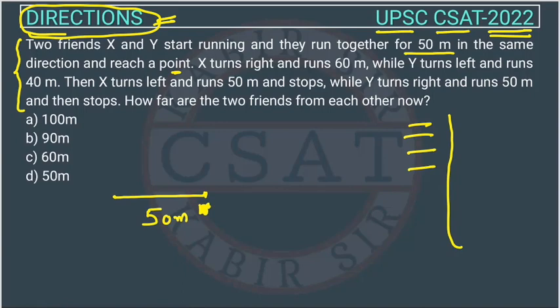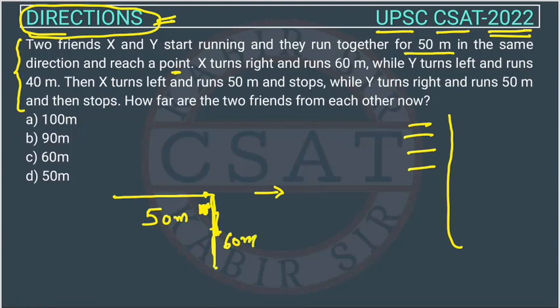Now X turns right, so the right direction for X will be this side. So X is going right and runs 60 meters, right?